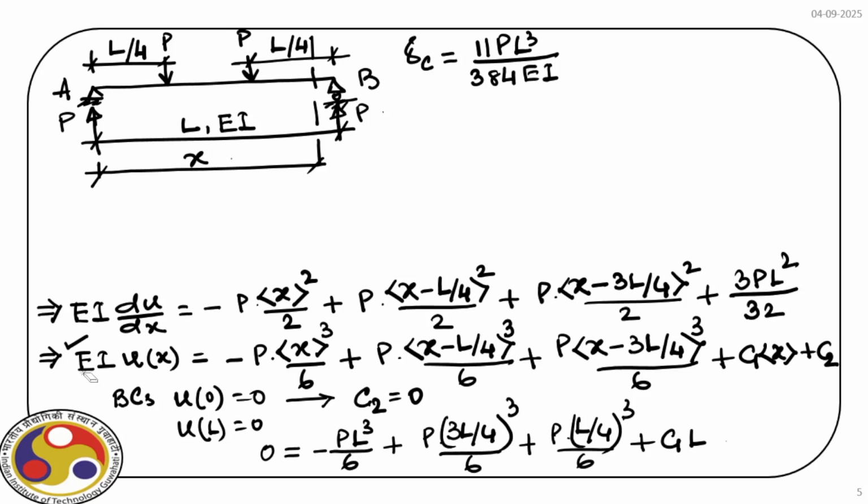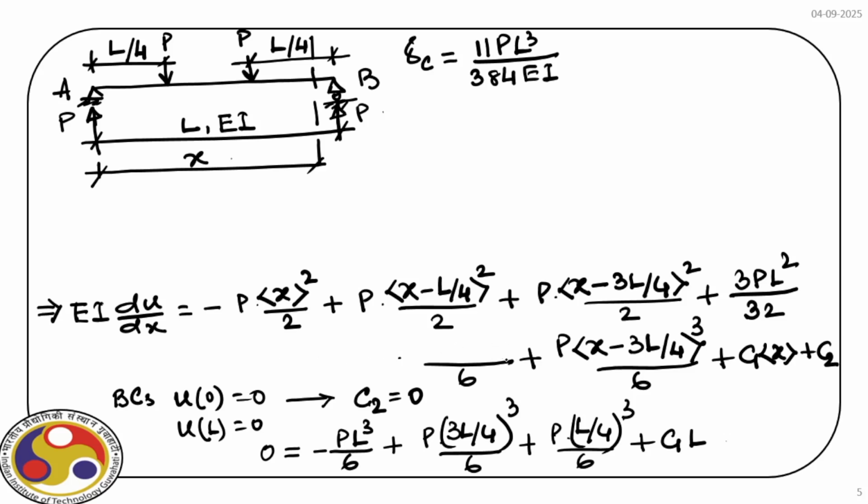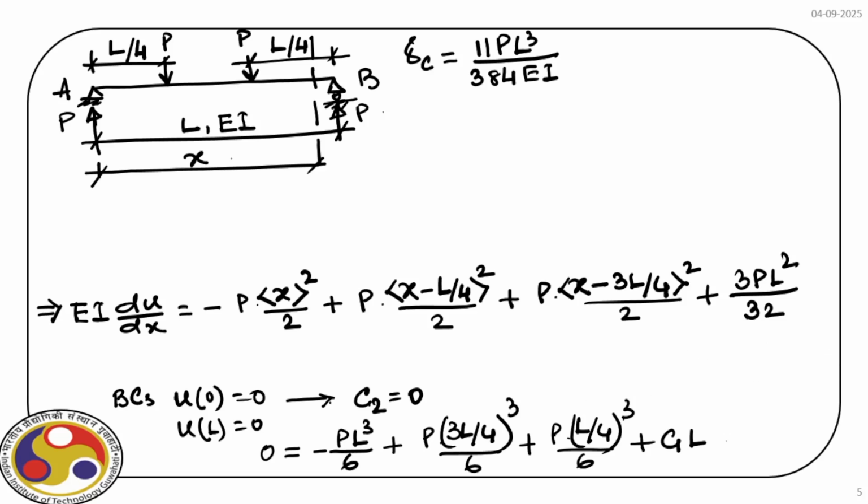Right. Okay. So for the first slope at the end A, the x is 0, right? So in this expression, if you put x equal to 0, we'll get the first slope. Let us do that.